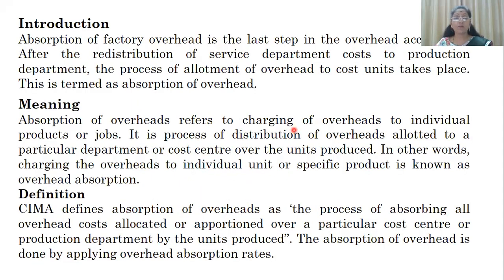See, absorption of factory overhead is the last step in the overhead accounting. Absorption, that is the last step, means we are reapportioning the overheads to various departments. After the redistribution of service department cost to production department, the process of allotment of overhead to cost units takes place.